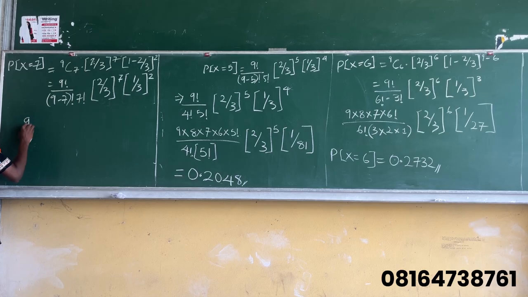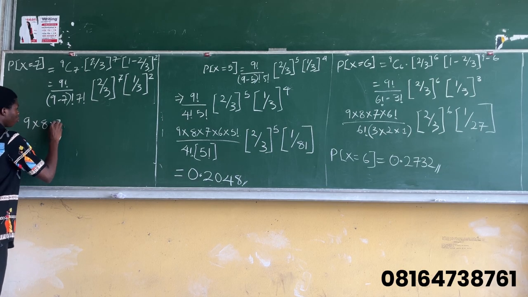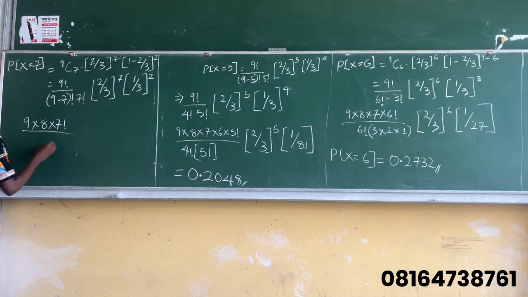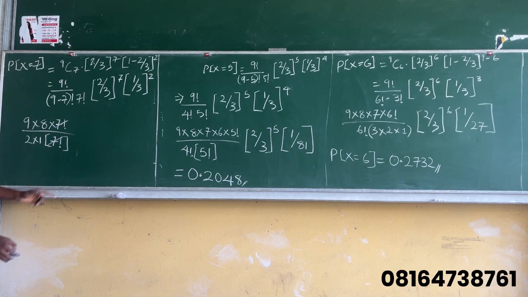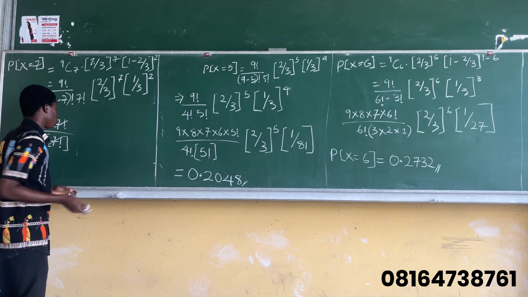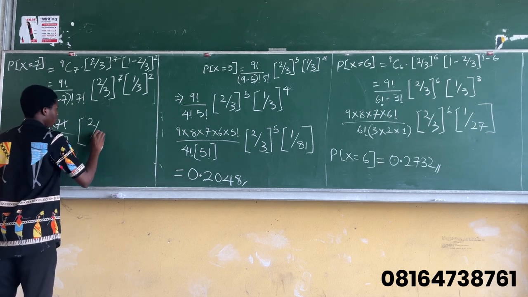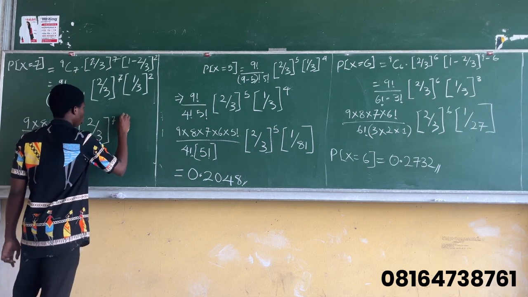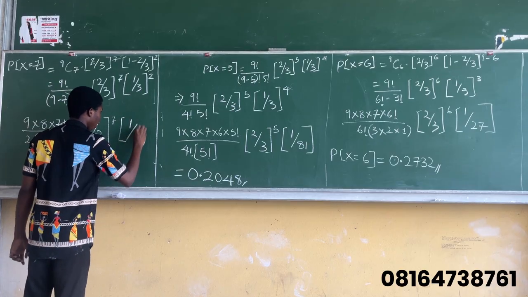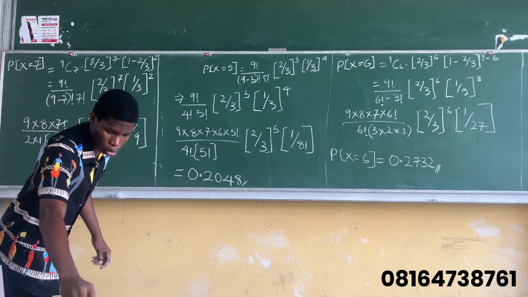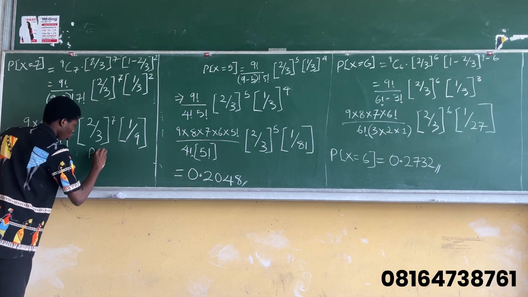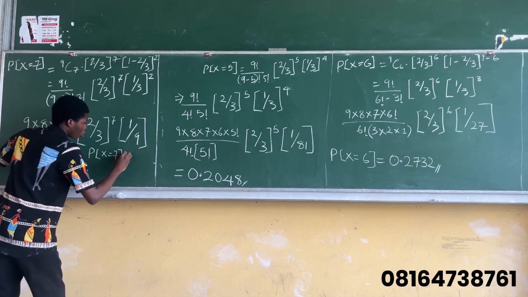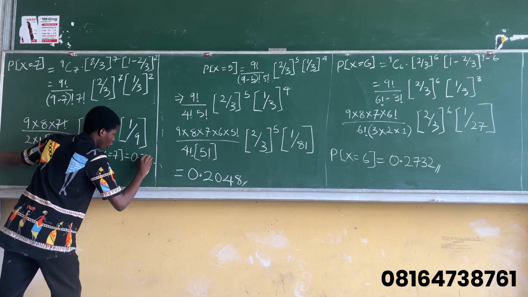This will be 9 times 8 times 7 factorial, all divided by 2 times 1 multiplied by 7 factorial. It's the same thing that we did for 5 and 6. We are doing it for 7, so we can sum them up together. So this 2 over 3 to the 7, times 1 over 9. If you punch that into your calculator, what do you get? 0.234.